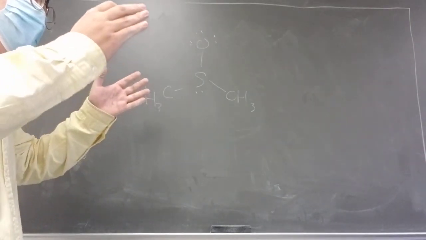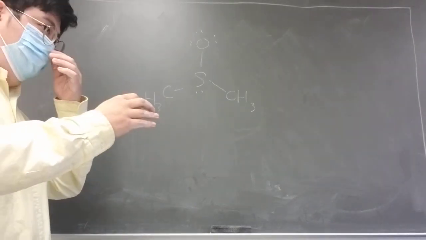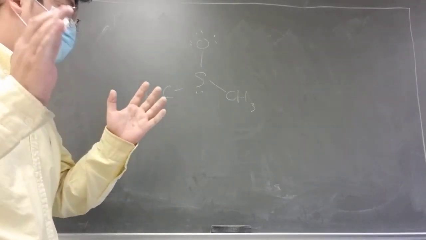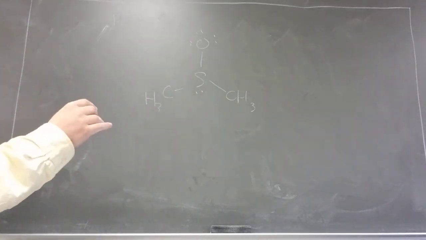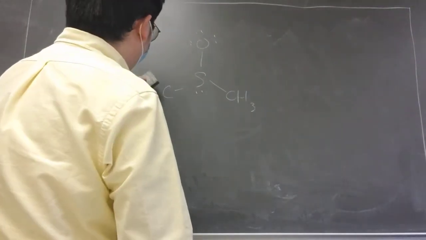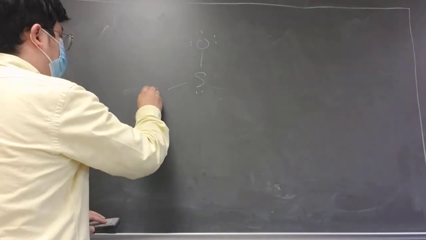You have the number of electrons in the bond divided by 2, plus the number of lone pair electrons, and add all the numbers to get the formal charge. That's fine. But I personally believe what I do is much easier.